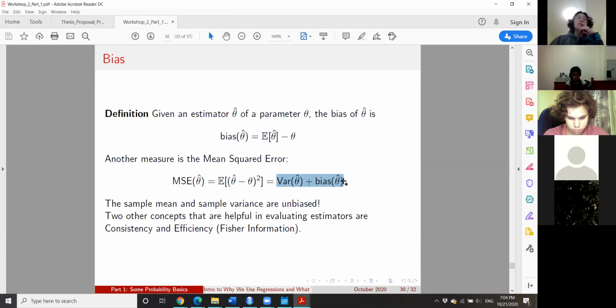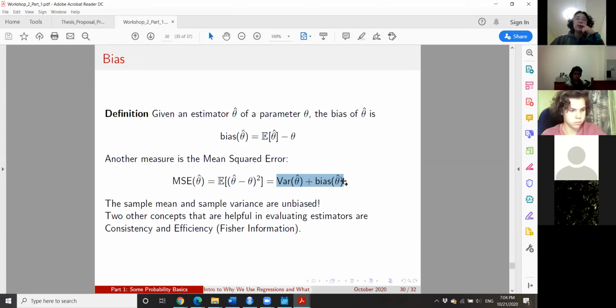There are also some other concepts that are helpful in evaluating estimators that we're not going to go over today, consistency and efficiency. If you want, you can Google them. Efficiency is based on the idea of Fisher information, which has to do with how much information is being conveyed through your estimator. And consistency has to do with whether, in the limit, your estimator is getting closer and closer to the real value.